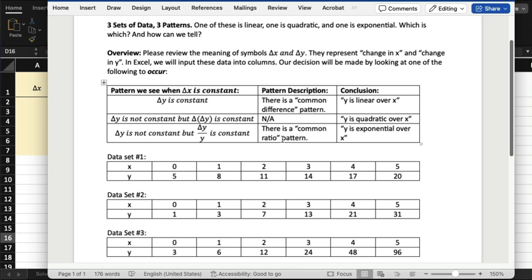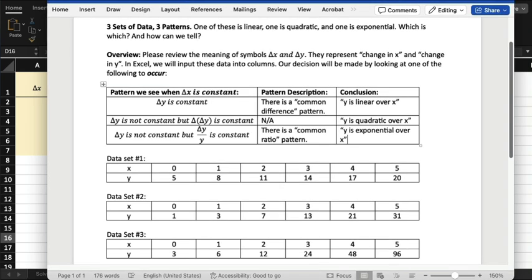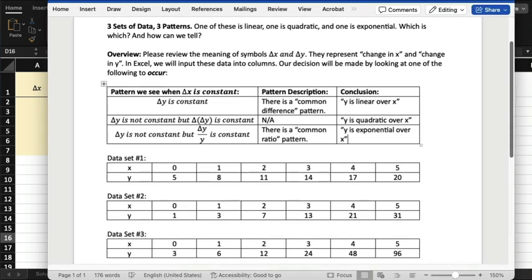We have a common ratio pattern, and that means that y is exponential over x. It is an exponential growth or decay situation. Exponential patterns happen all the time in finance, so that's very important. So that's why we talk about that function right here at this point of our study.